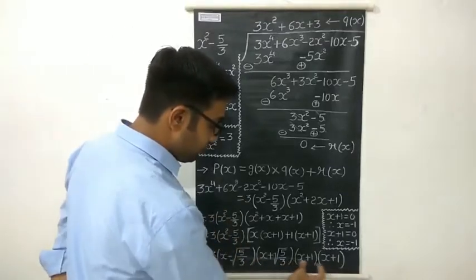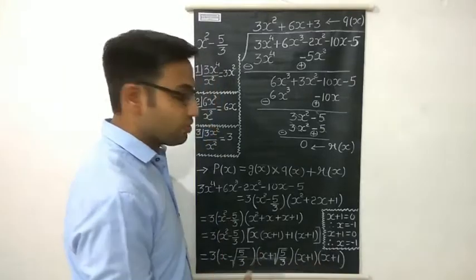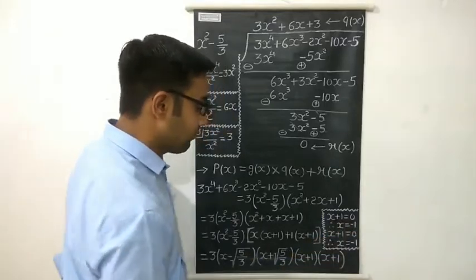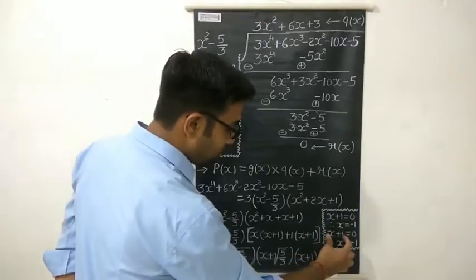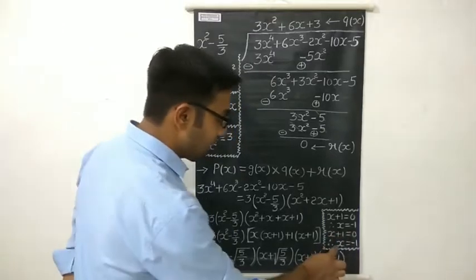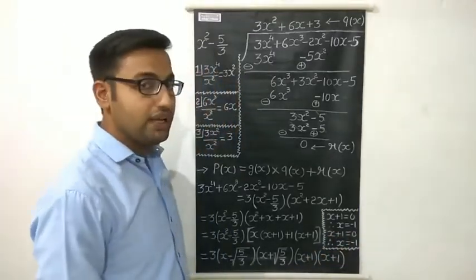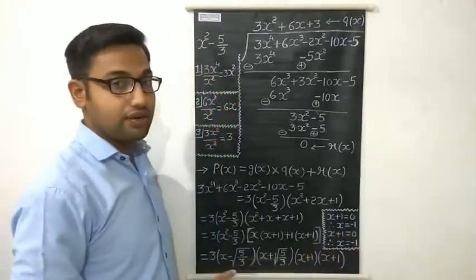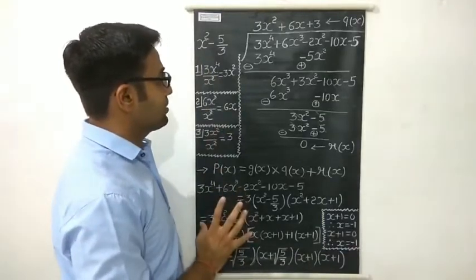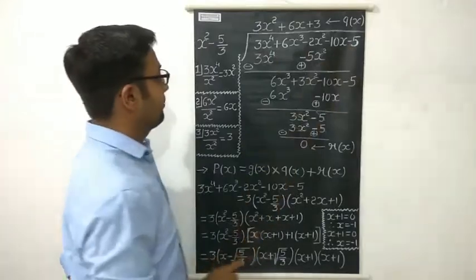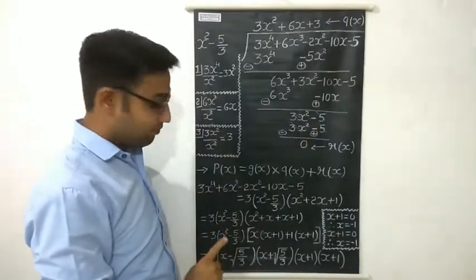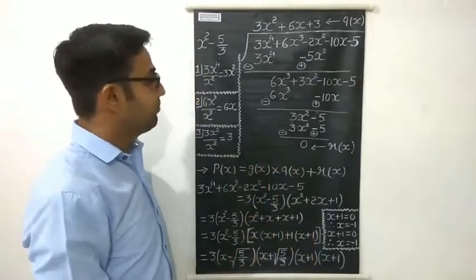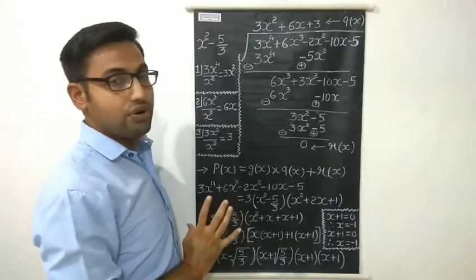By comparing the others with 0, x + 1 = 0 gives x = -1, and again x + 1 = 0 gives x = -1. So the remaining two zeros are -1 and -1, both the same. So the total zeros of this polynomial are root 5/3, minus root 5/3, -1 and -1. This is all about this question.